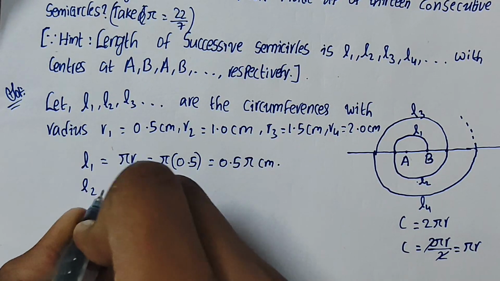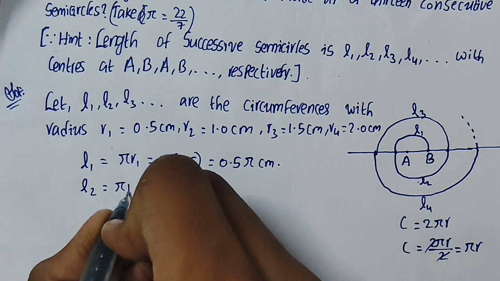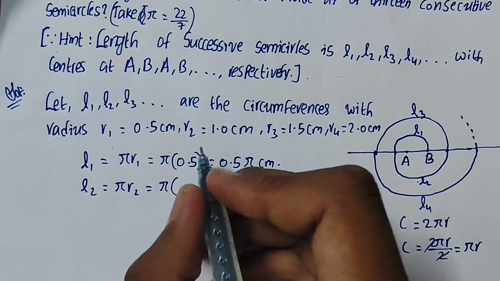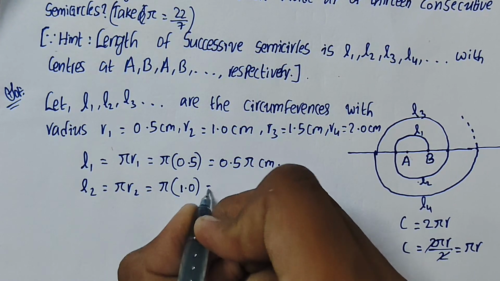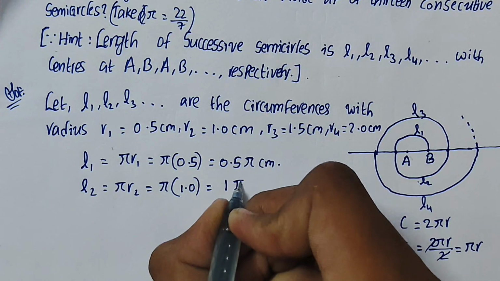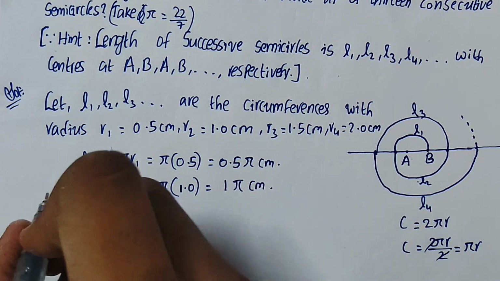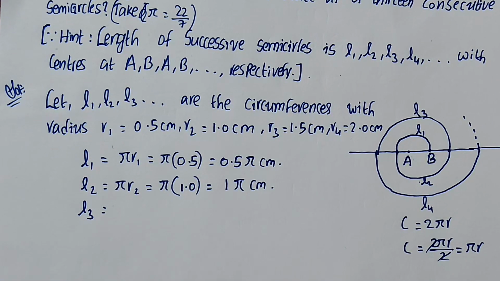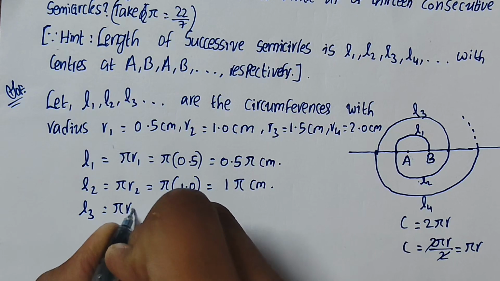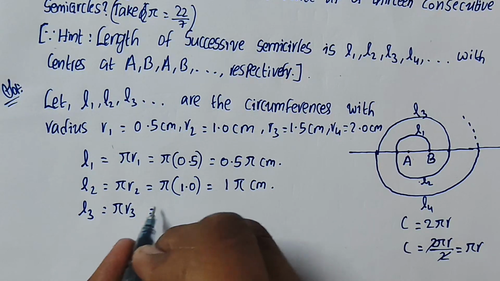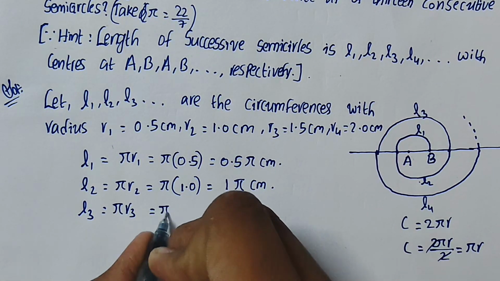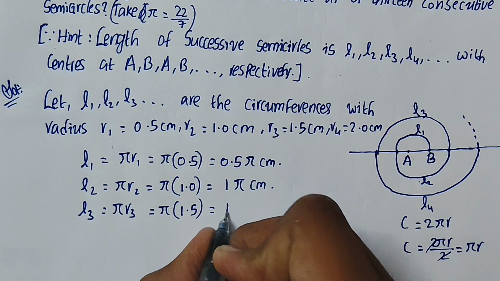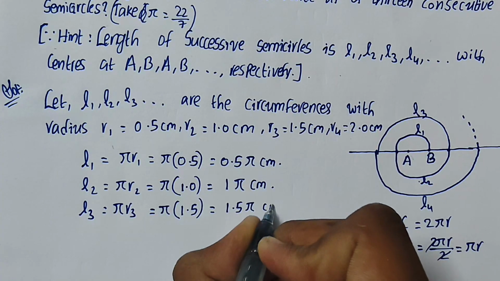After that, the circumference of L2 is pi R2, equals to pi, and the value of R2 is 1.0. So 1 pi centimeter. After that, the circumference of L3 means pi into R3, the value of R3 is 1.5, so 1.5 into pi, 1.5 pi centimeter.